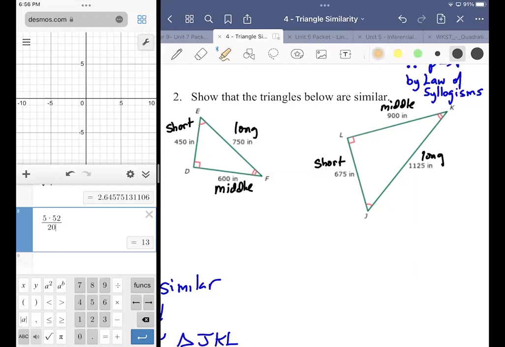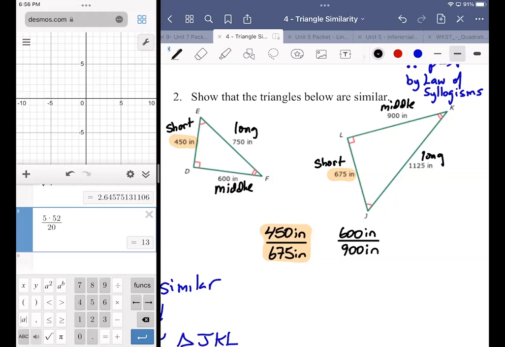All right. So my shortest side, I can write as a ratio of 450 inches to 675 inches. My middle ratio, that's going to be 600 inches to 900 inches.